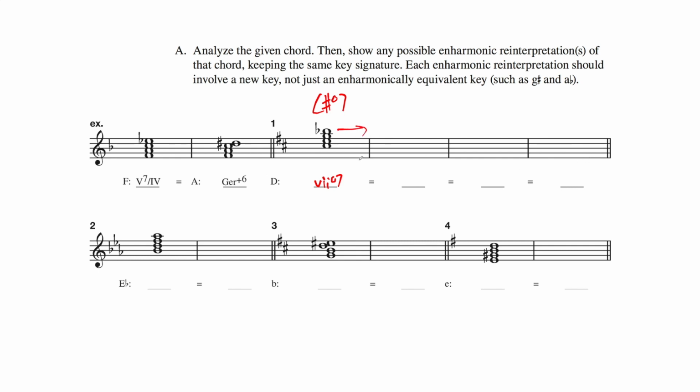Let's begin with this one. If we respell it as A sharp diminished 7th, then we will be in B minor.